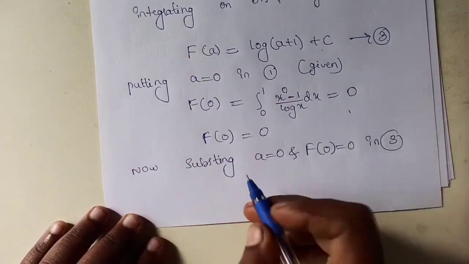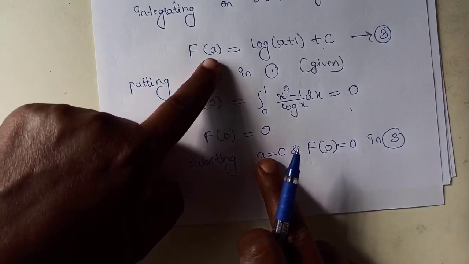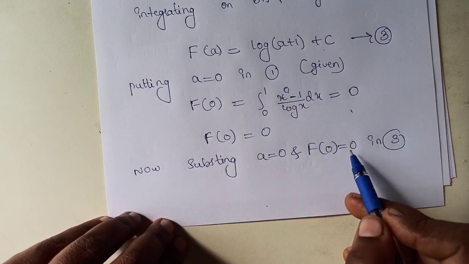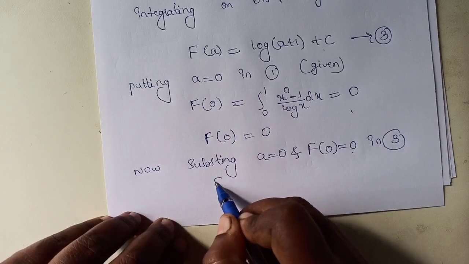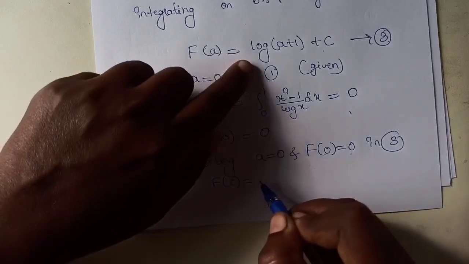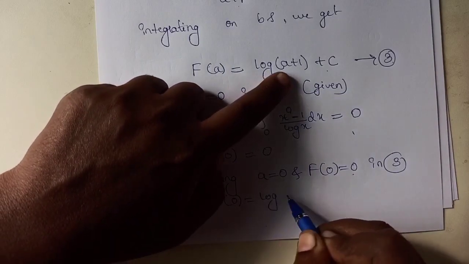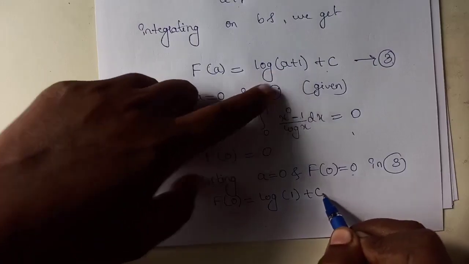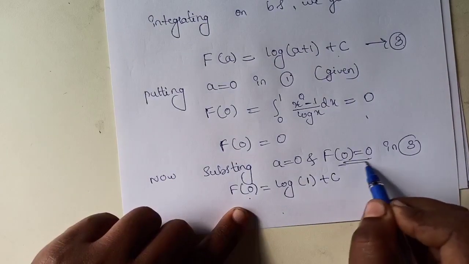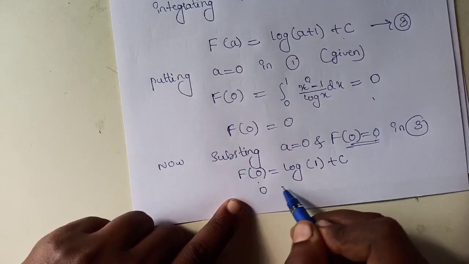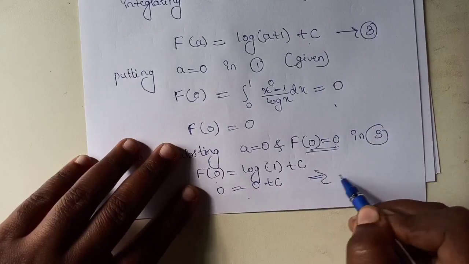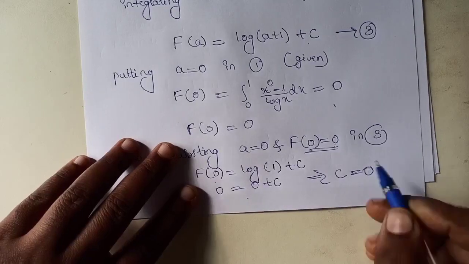So f of 0 value is 0, so we get 0 equals log of (0 plus 1), which is log of 1, which is 0, plus c. So we get c value equals 0.